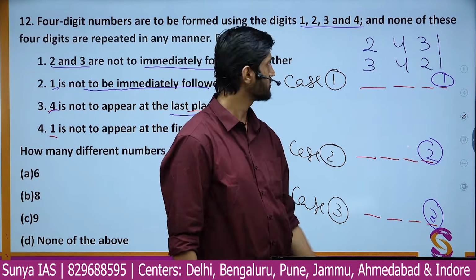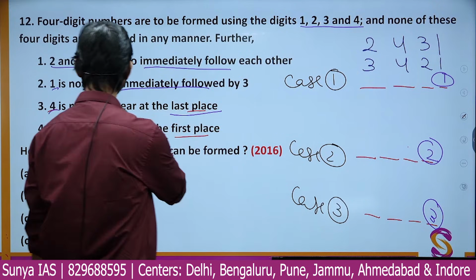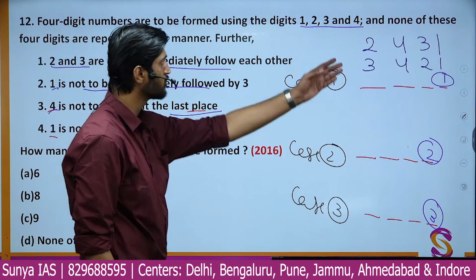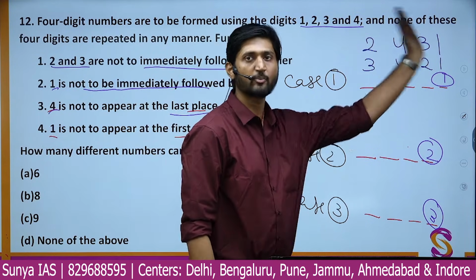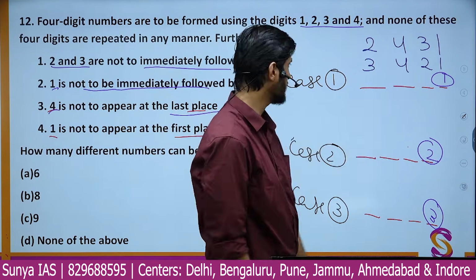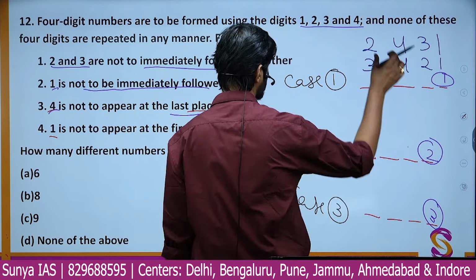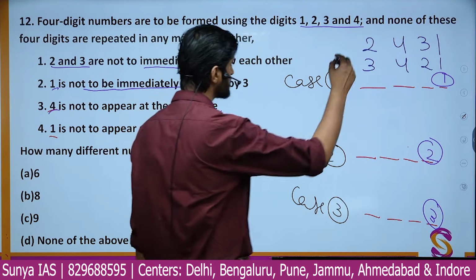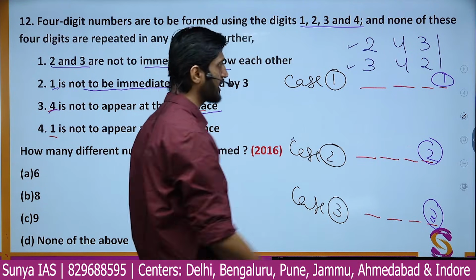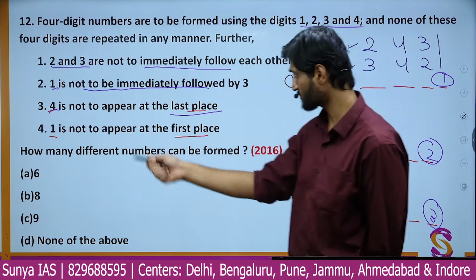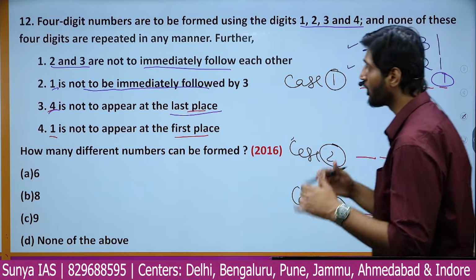There is a gap of 4. Then 1 should not be immediately followed by 3. There is no such case. So there is 3 followed by 1, but no 1 followed by 3. Then we have 4 not at the last place, and 1 is also not at the first place. So these 2 cases are possible only. In all other possible cases, one of the following criteria might not be met.